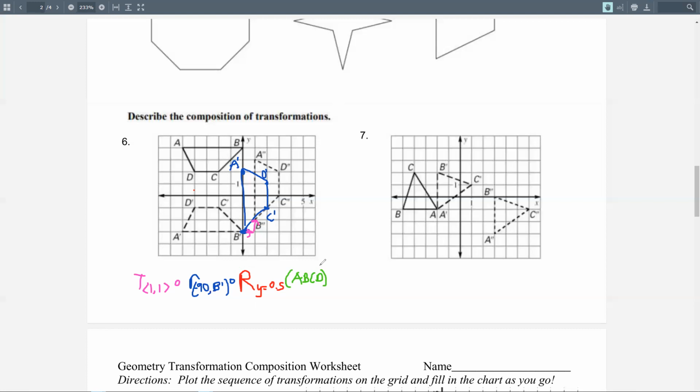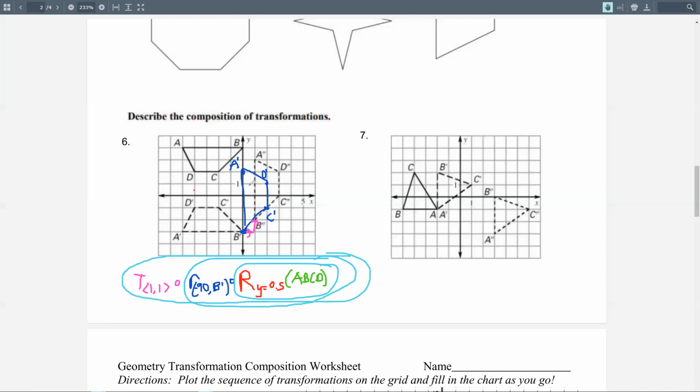So what we're doing first here, if I get a different color, is we're reflecting the original A, B, C, D. And that's going to get us this one, the A prime, B prime, C prime, D prime. And then we're going to rotate that reflection. And then we're going to translate that rotation.